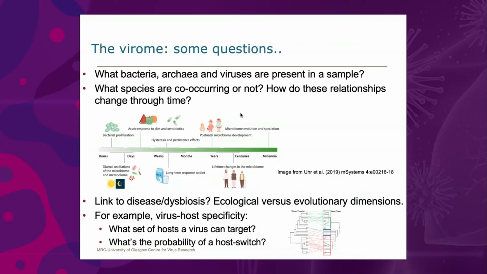And so we're studying things changing both on an ecological community level, where things are interacting with each other, particularly for viruses, which target different bacteria, and the eukaryotic viruses, which target different host cells. And then on the other side you have an evolutionary axis.